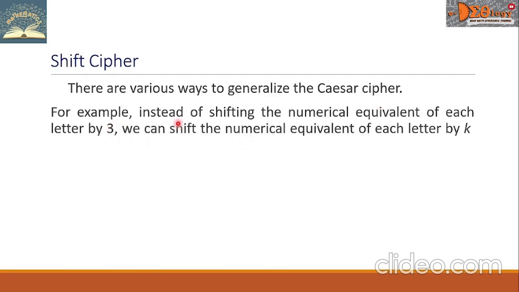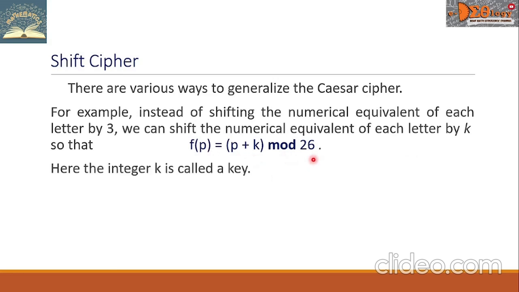For example, instead of shifting the numerical equivalent of each letter by 3, we can shift the numerical equivalent of each letter by k, so that the function f of p is equal to the quantity p plus k, then mod 26. Here, the integer k is called a key. Such a cipher is called a shift cipher.